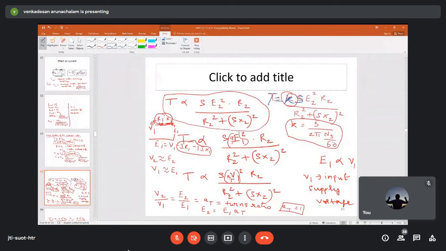So now this is the torque equation. Now this E2, I can write like this. So here I will rub everything because it is simple.